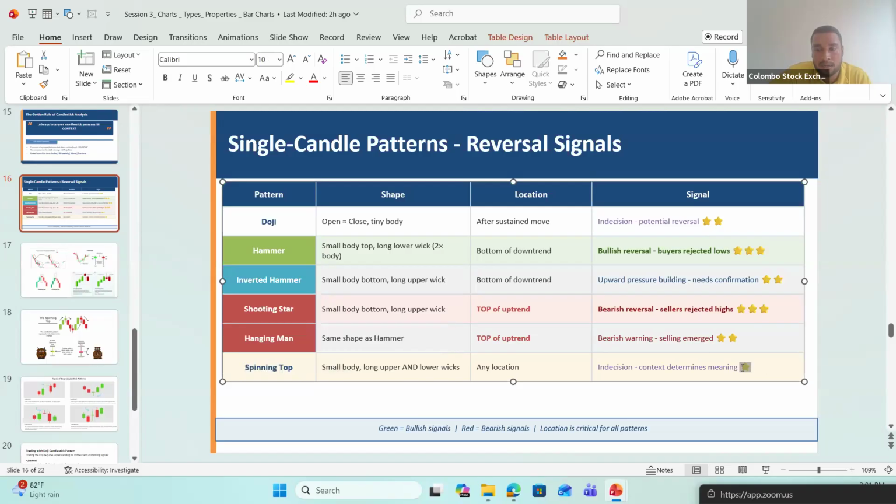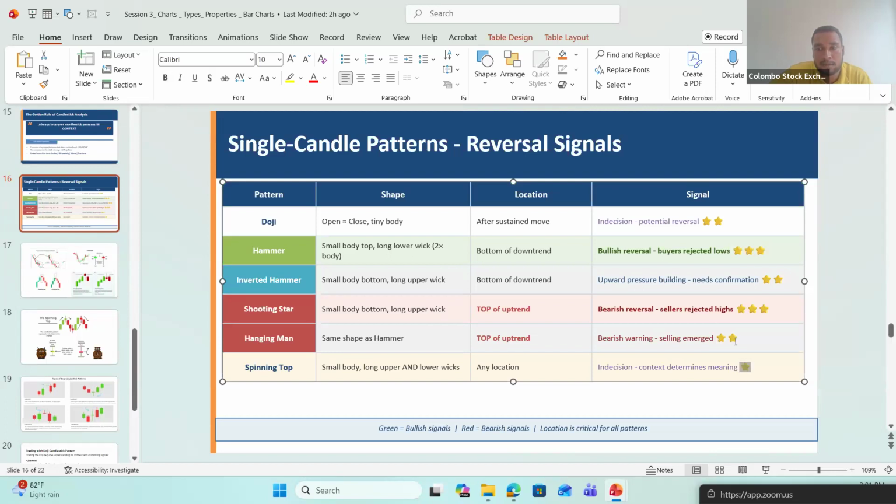That's what 1 star means. 2 stars means moderate strength. 3 stars means high strength. That means if you spot a hammer, like I told you before, then hammers are usually a strong pattern, right?